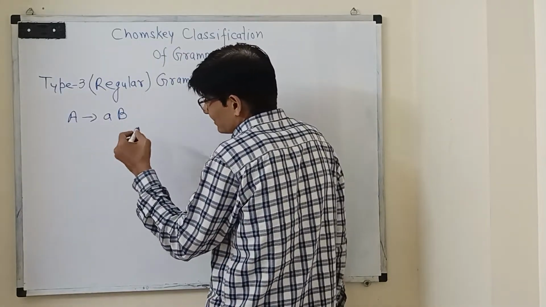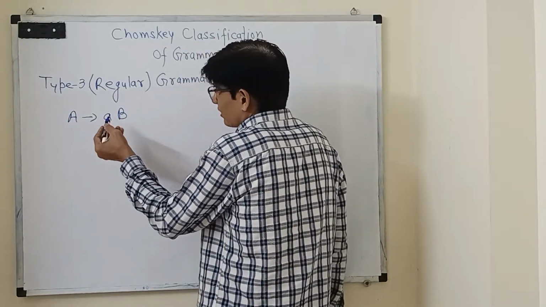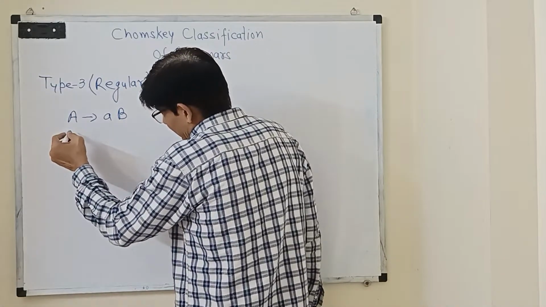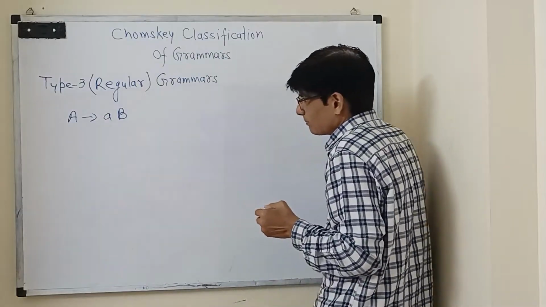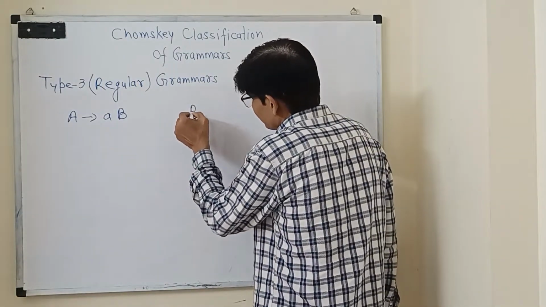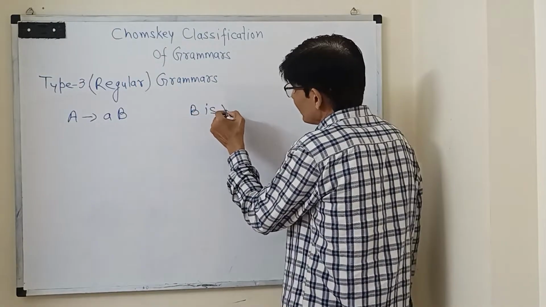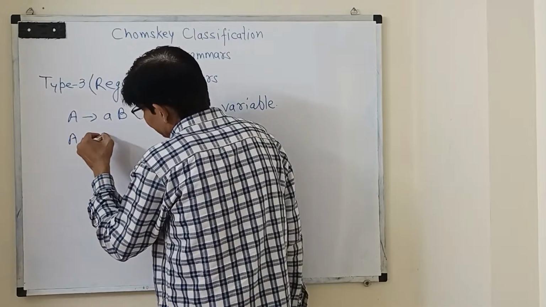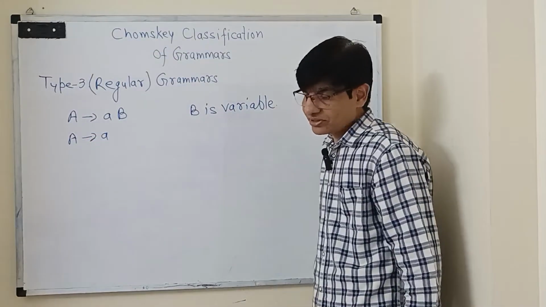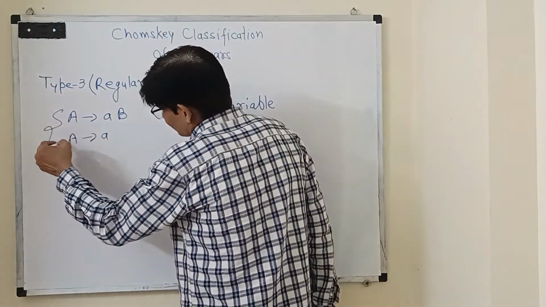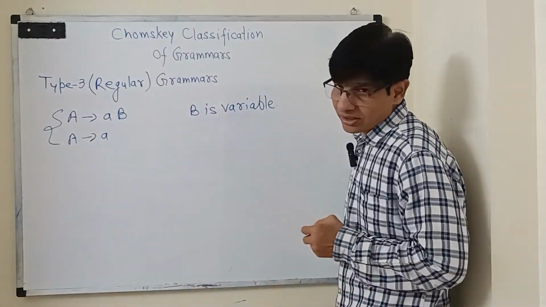All production rules start with a terminal, and the variable follows that terminal. In this expression B is the variable. One more kind of production is A gives small a. So these two kinds of production rules are allowed in regular grammar.